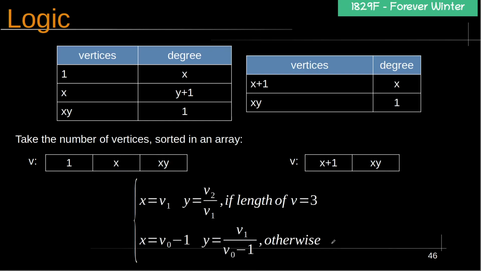We can say that now, if the length of v is equal to 3, the first case, we can compute x is equal to v1 and y is equal to v2 over v1. Otherwise, which means the size is equal to 2, we have x is equal to v0 minus 1 because we have x plus 1 here. We can compute y using this value here, v1 over v0 minus 1.